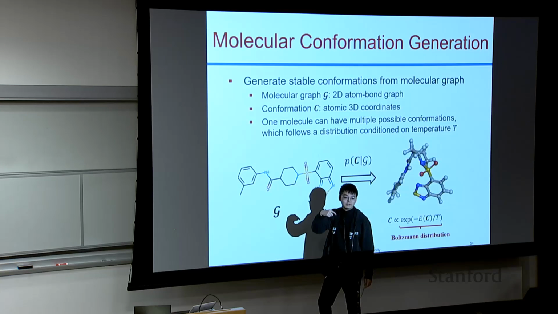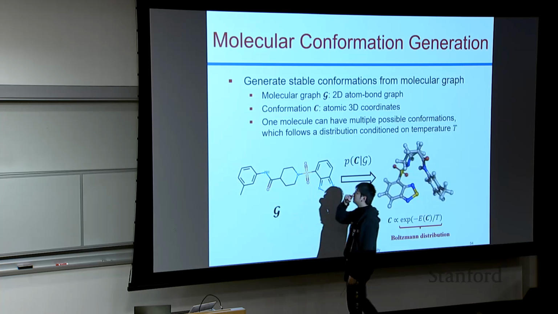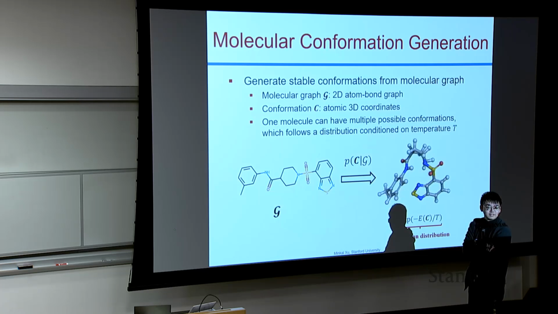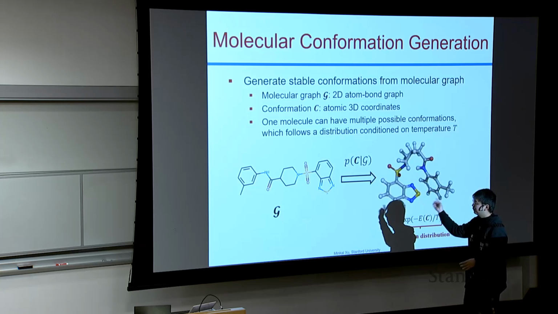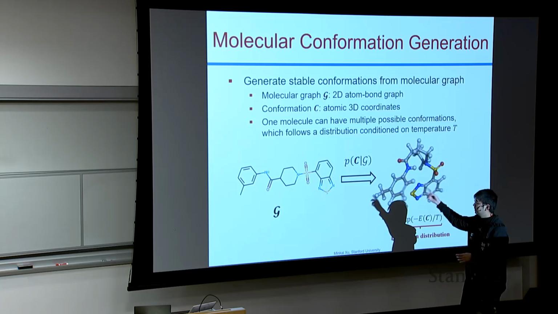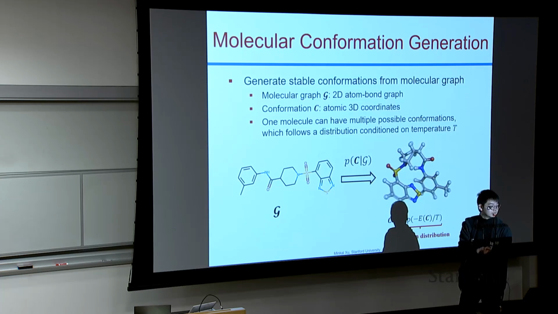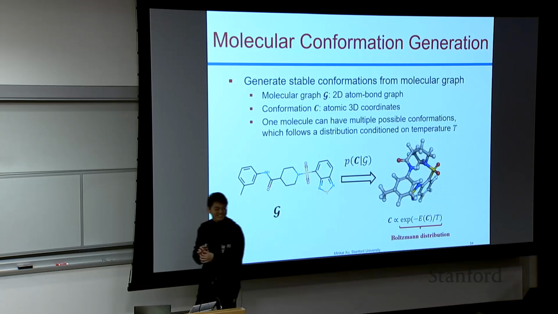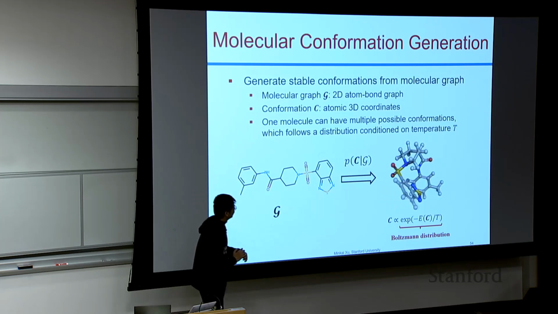I mean the bond can overlap, so why does this have to be a 2D atom bond graph? That's what it says on the second line. Oh, I see. For this task, given 2D, we want to generate a 3D. But yes, a graph can be represented in 3D. When you say 2D graph, you really just mean an adjacency matrix. Yeah, there we go. Sorry, I think I still miss some detail.